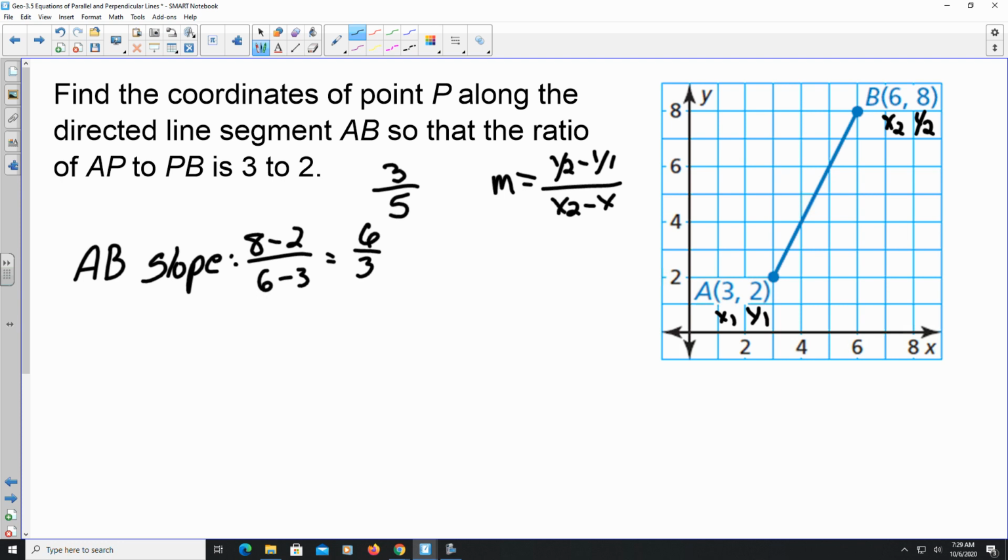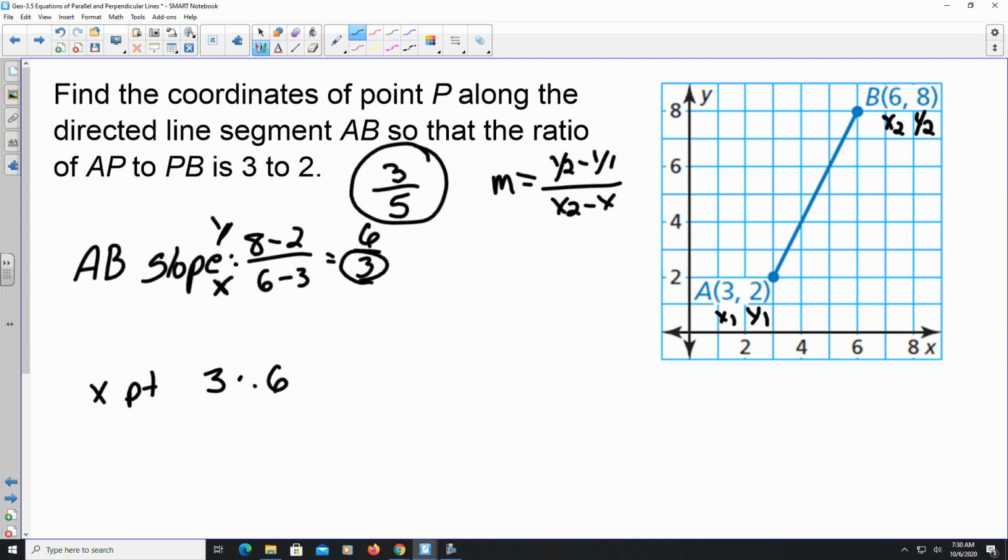These come from your y coordinates, and these come from your x coordinates. To find the x coordinate of point P, we're going to take the result of the difference, which in this case was 3, and multiply it by this fraction here, 3/5. 3/5 as a decimal is 0.6.